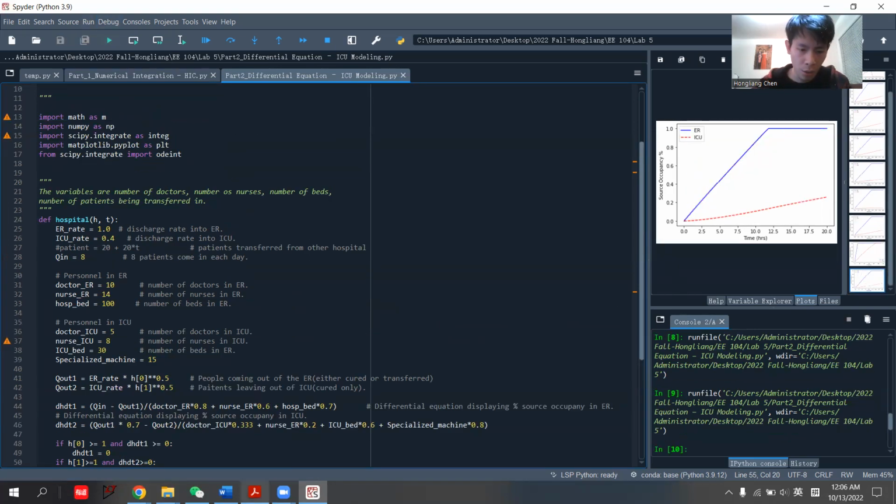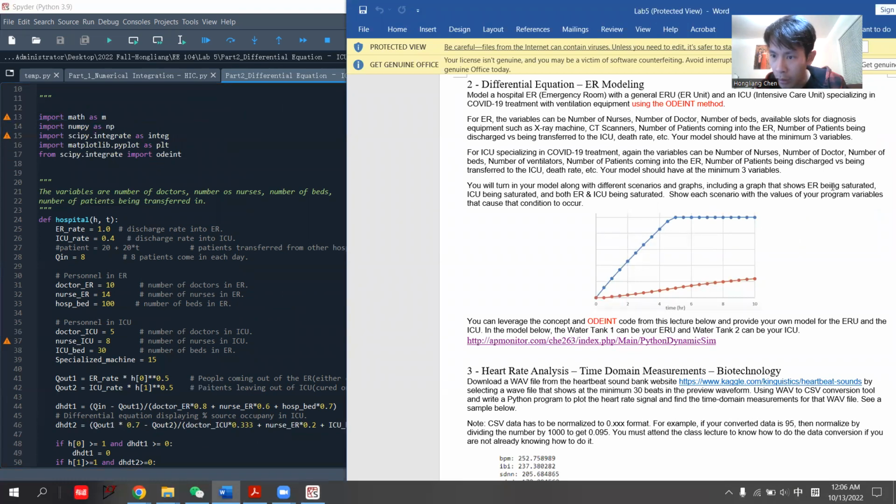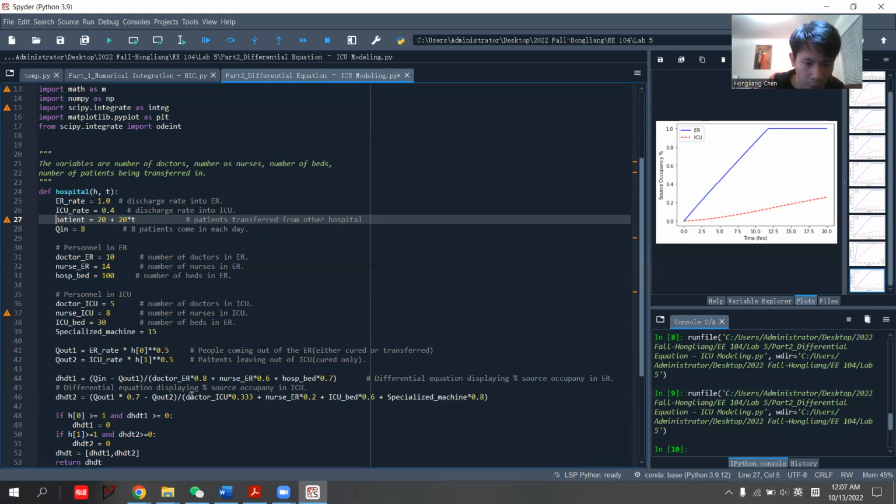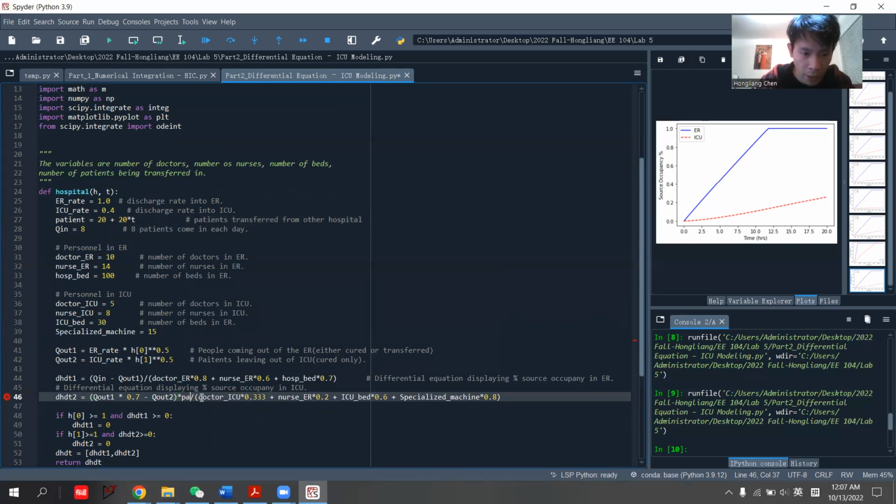For the second requirement, the ICU being saturated, suppose patients are sent to the ICU directly because of too many traffic incidents or, say, an earthquake has occurred, so patients are sent from outside directly to the ICU.